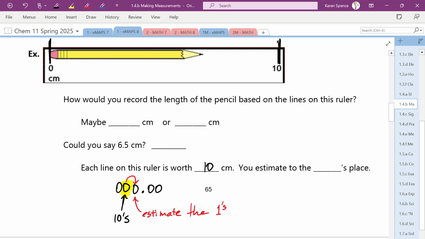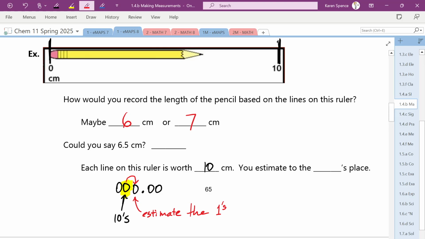So what do you guys think for this? 6? Sure. Maybe 6 centimeters? Maybe 7? Sure. Could we say 6.5? Could we say 7.5? Here's a question.